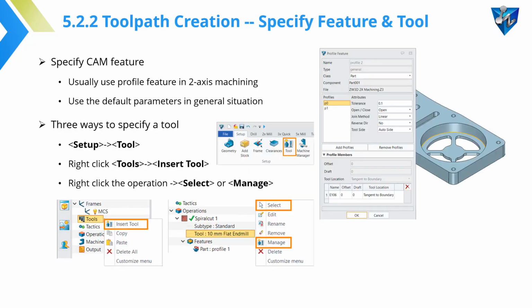And we will specify the CAM feature. Generally, we will use the profile feature in 2-axis machining, and we will keep the default parameters in general situation. And there are 3 ways to specify a tool.